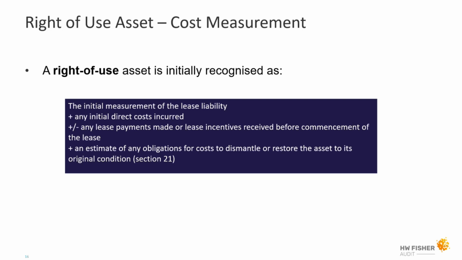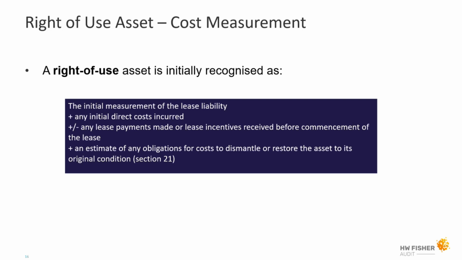Then there are lease incentives, and dilapidations: estimates of obligations for the cost to dismantle and restore the asset to its original condition. This is important, and I think this is possibly where some organizations will need to reevaluate.